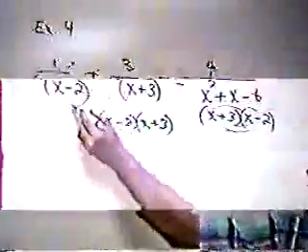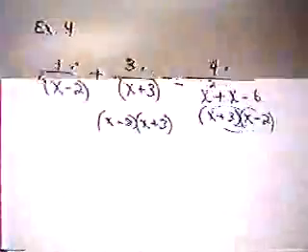All right. So the rule is then multiply all of this up here by the common denominator, multiply all this by the common denominator, multiply all this by the common denominator. So let's rewrite that.